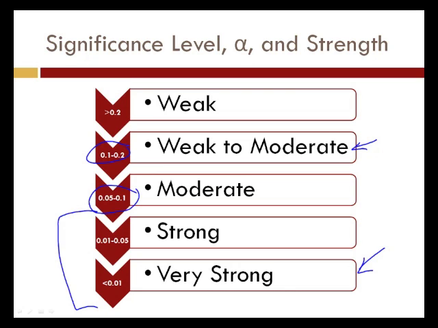So this isn't something that the book tells us. I thought that it would be nice to have a guideline. So when you're asked how strong is the evidence against the null, you have a rough idea here. And this isn't something you necessarily need to memorize, but just understand where they're getting this from and how this is being decided, to give you a rough idea of what's strong and what's not.